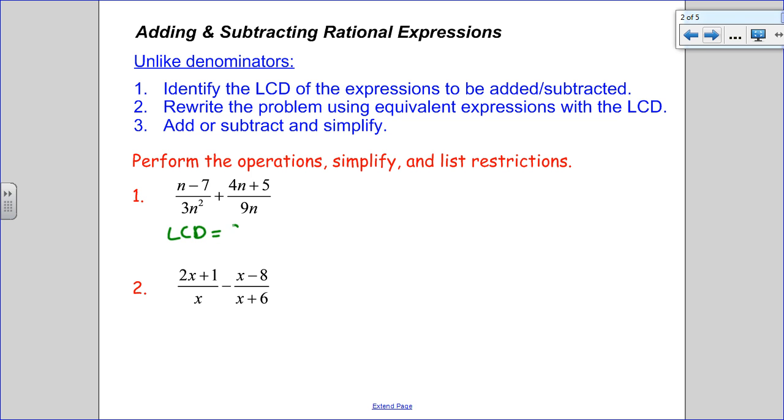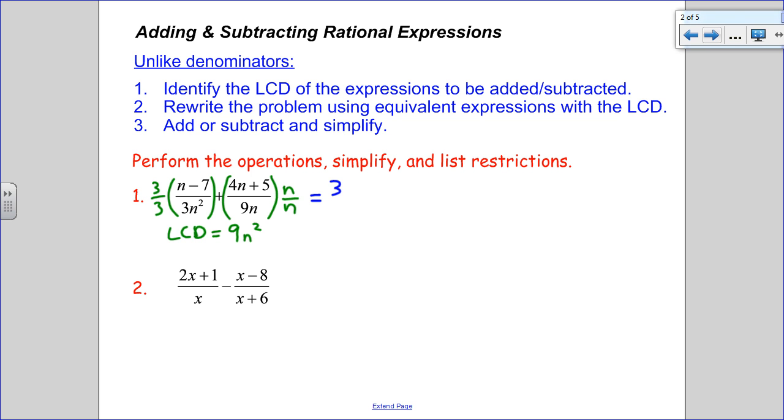So the lowest common denominator is 9n squared. To rewrite these rational expressions as equivalent expressions using that denominator, we need to multiply the first expression by 3 over 3, and the second expression by n over n.